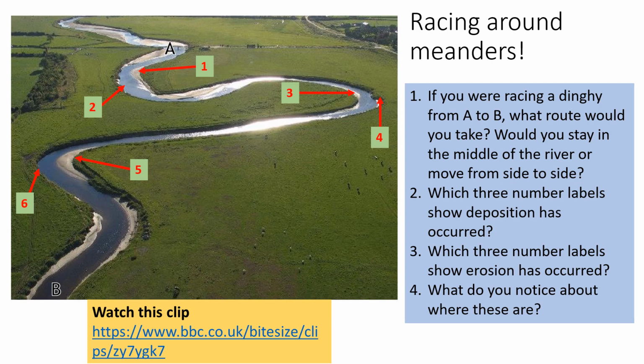Probably the key ones here would be hydraulic action, the force of the water, and abrasion, where rocks are chucked at the side or the bank of the river. And then question 4, what do you notice about where these are? What we mean by that is, where do we find the erosion and where do we find the deposition occurring on the meanders? Are they on the inside or on the outside?